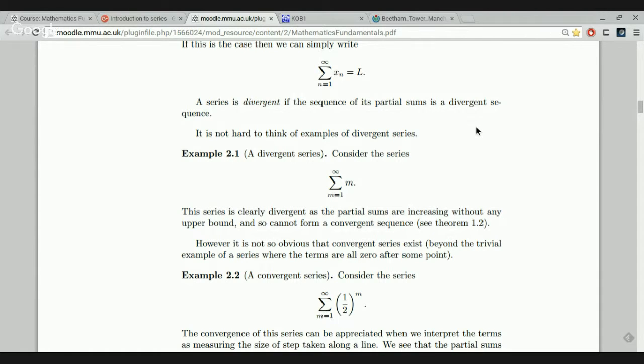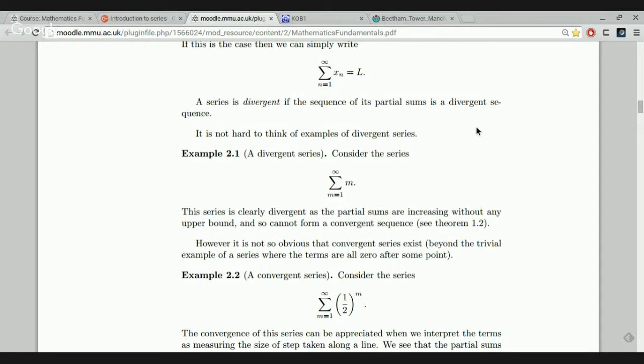So S1 is a half, isn't it? So there's S1. S2 is a half plus a quarter, which is 3/4, which is here. S3 is what?